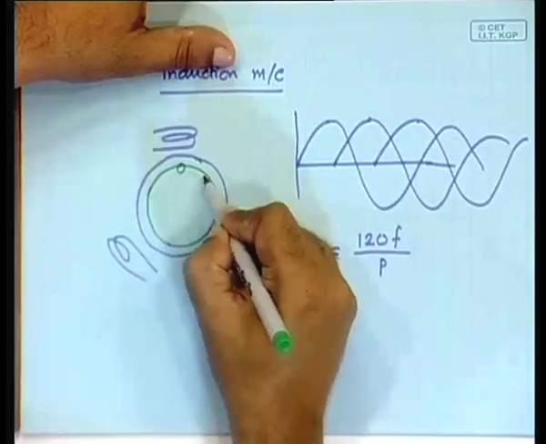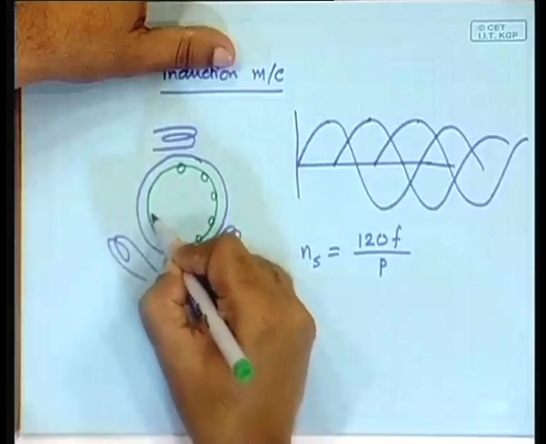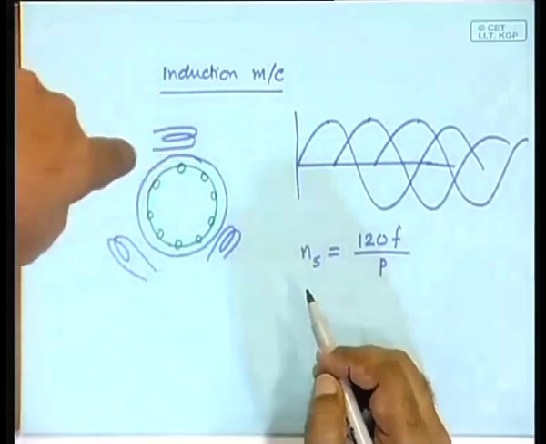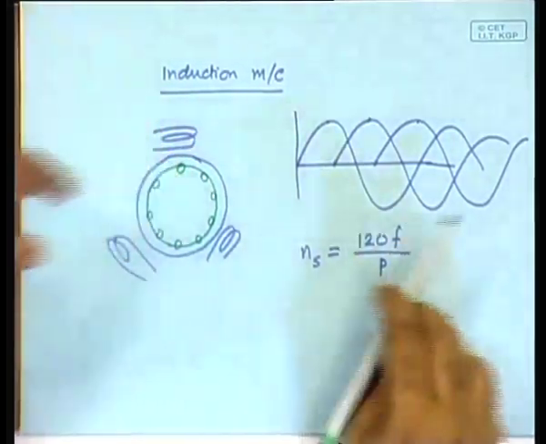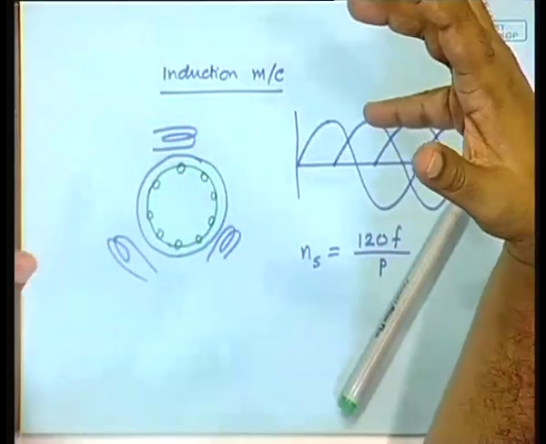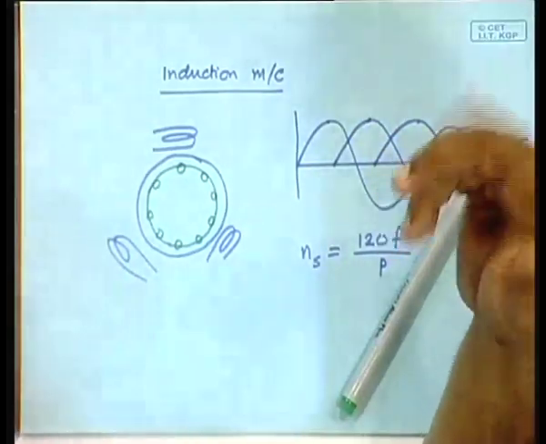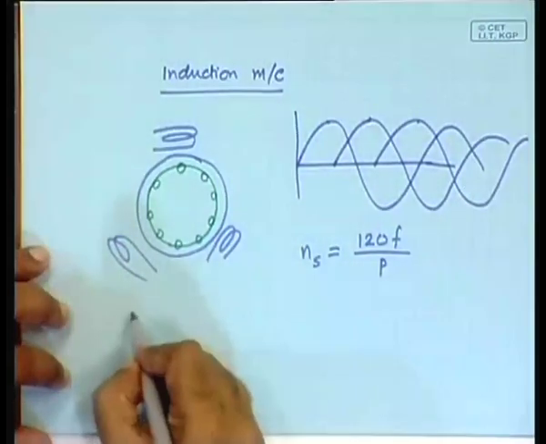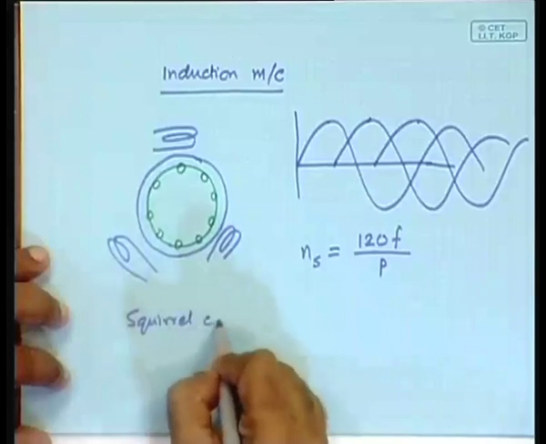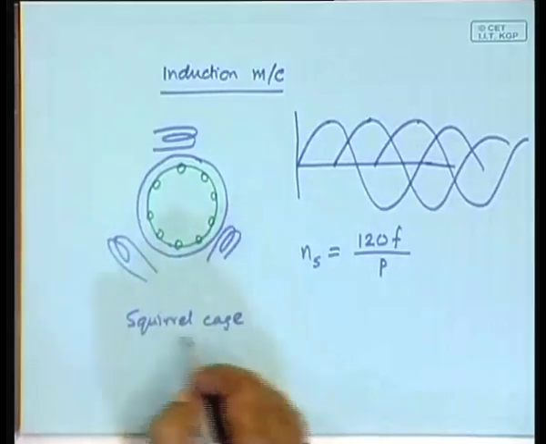It has conductors like this, and these conductors go into the paper like that. So, it is going like this, and at the 2 ends they are simply shorted. This is the structure of the squirrel cage generator.